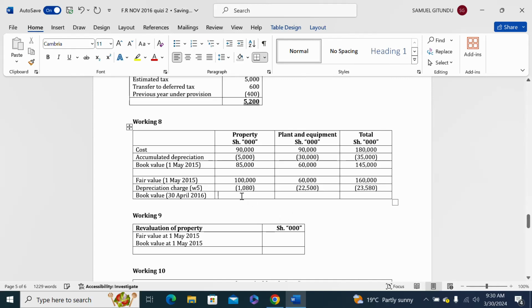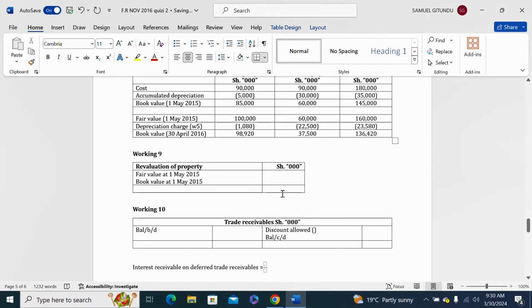If we deduct this, we get the book value at the end of the year: 98 million 920 for property, 37 million 500 for plant and equipment, and the total is 136 million 420.